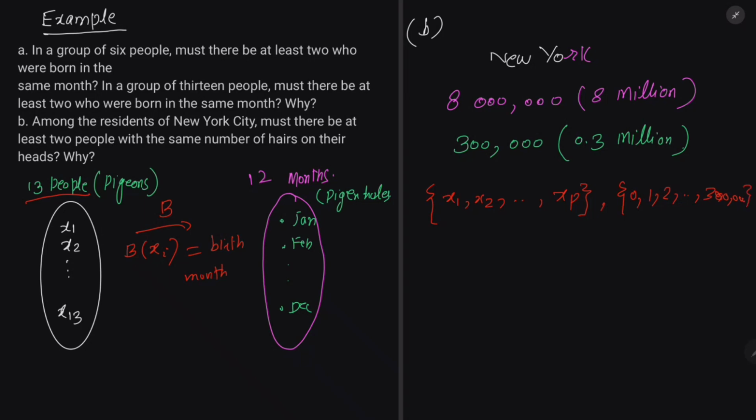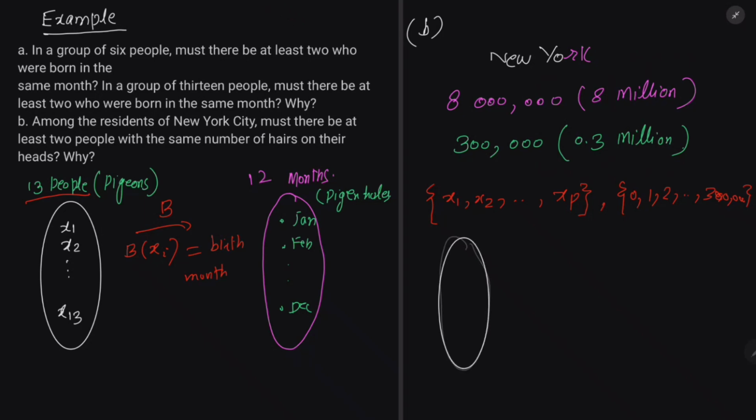Since there are more pigeons, these are the pigeons, and these are the pigeonholes. So it means that there must be at least two people who have the same number of hairs, since there are fewer hair counts.